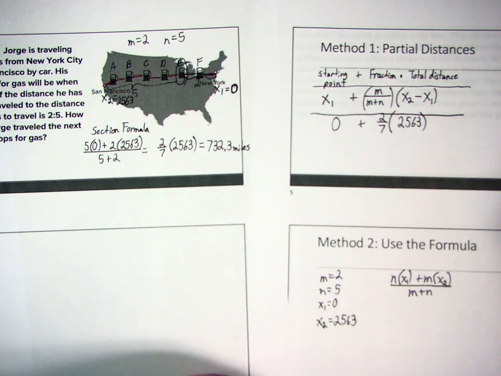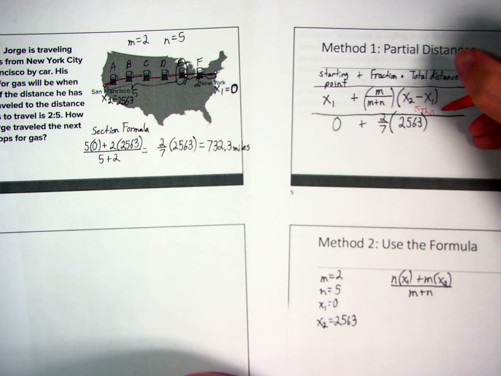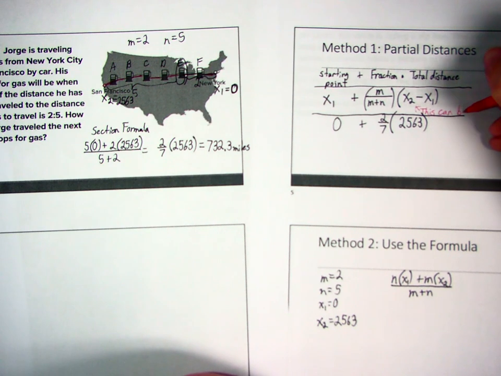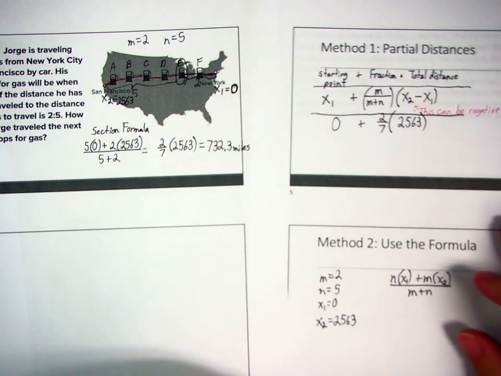As a small note, this value here, x2 minus x1, can be negative. Your x1 could also be negative.